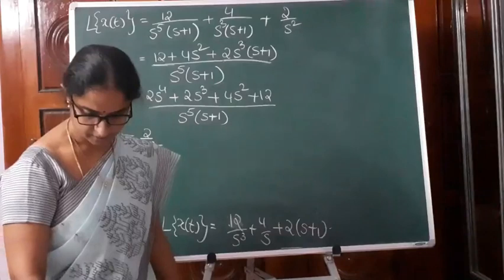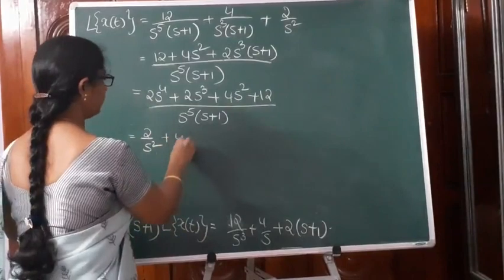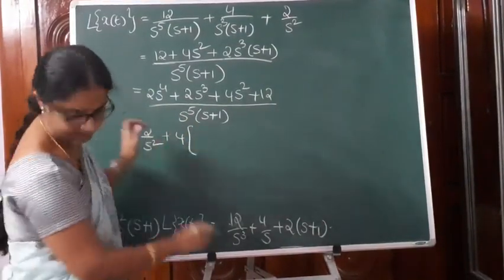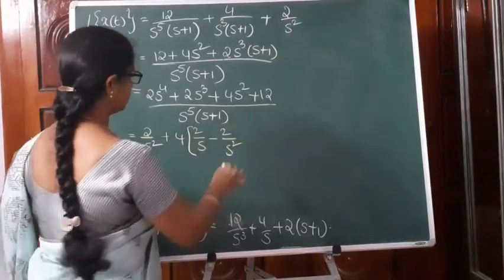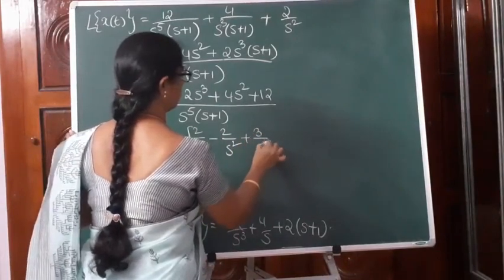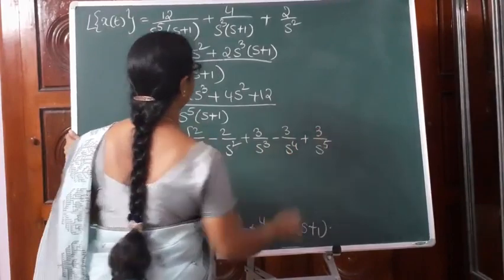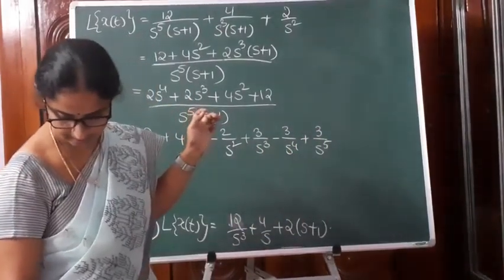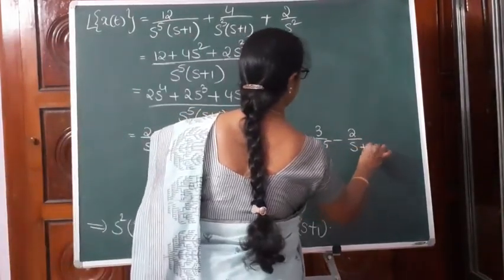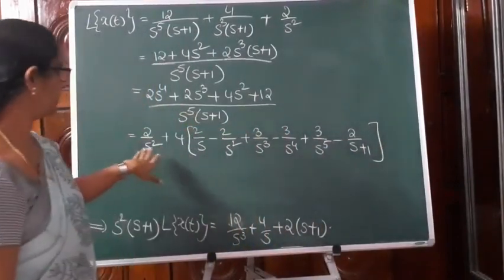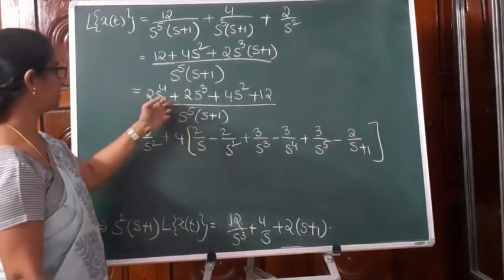It is 2 by s square plus 4 into 2 by s minus 2 by s square plus 3 by s cube minus 3 by s power 4 plus 3 by s power 5, and what else do we have here? Minus 2 by s plus 1. These are all the partial fractions which we obtain after resolving this term.